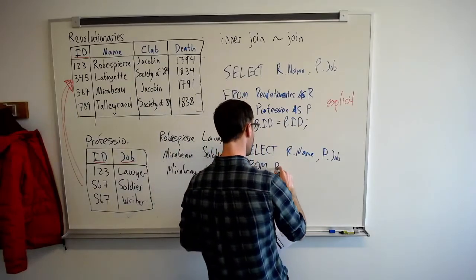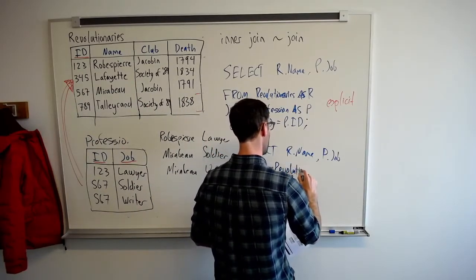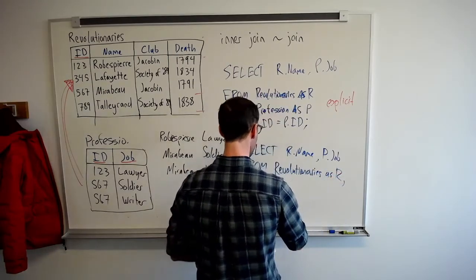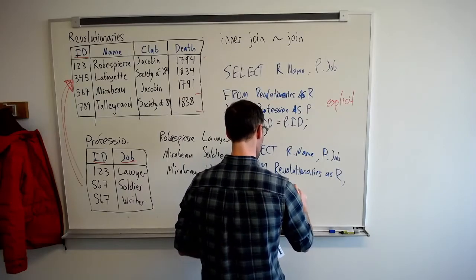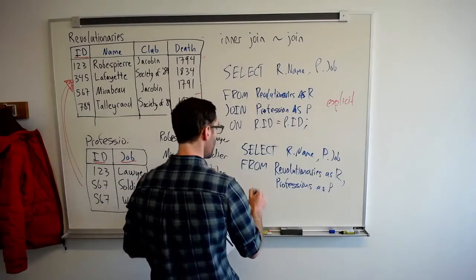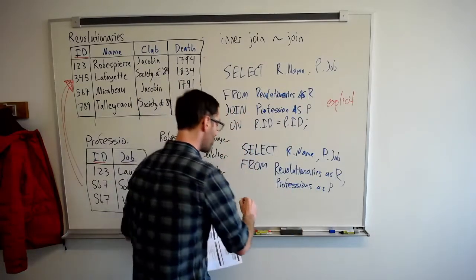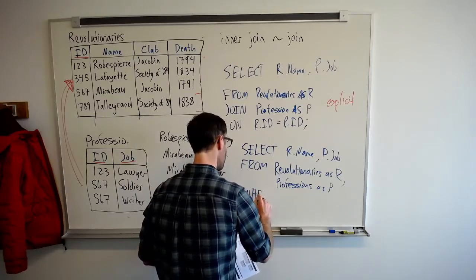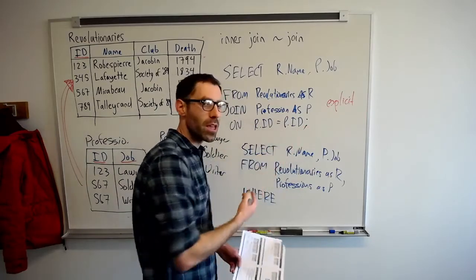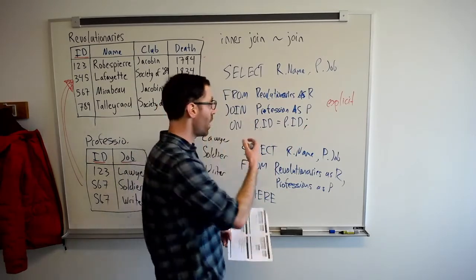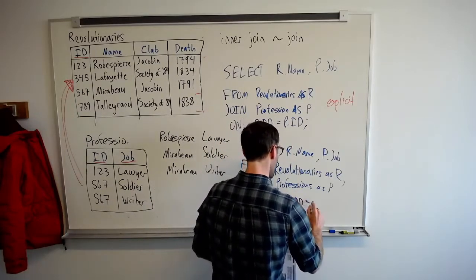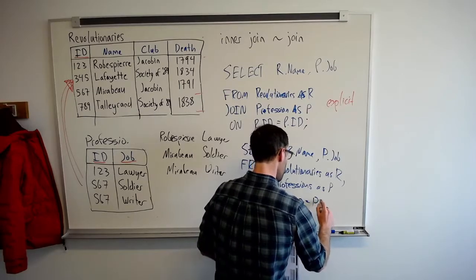So we can say from revolutionaries as R, comma, professions as P, and then instead of having this join on, we just use the where clause that we saw at the beginning to give the filtering criteria for how we're doing this join. And so this was our ID is the same as PID.